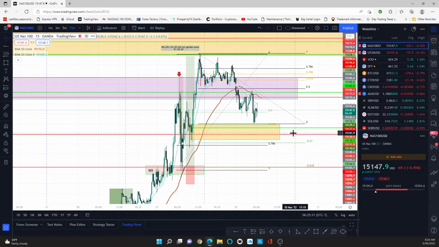Okay. So we have it here as well, a golden zone ILC, but I would say maybe this ILC right here, let's just go ahead and draw it out.